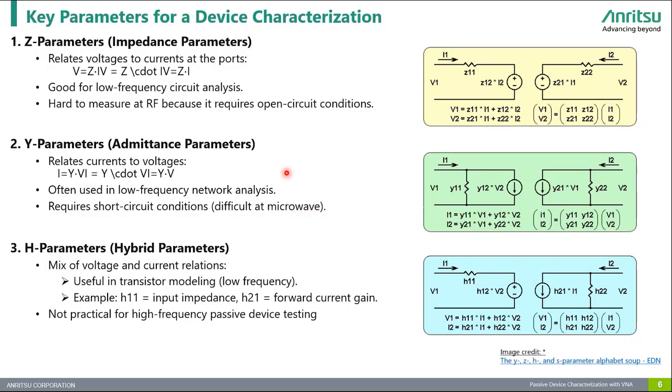Let's start with the Z parameters, or impedance parameters. These relate voltages to currents at the ports. They are intuitive and useful for low frequency circuit analysis, but they require open circuit conditions, which are difficult to achieve at high frequencies due to radiation and instability.